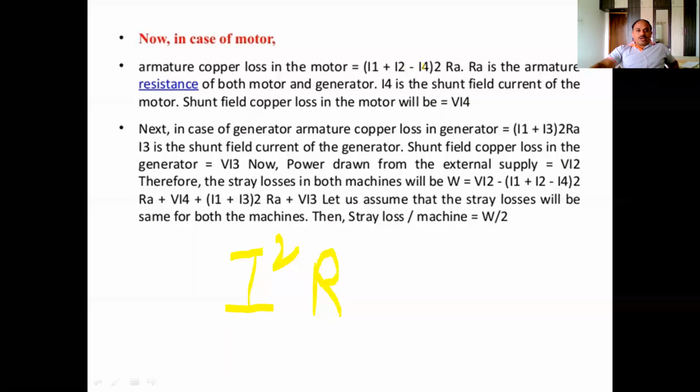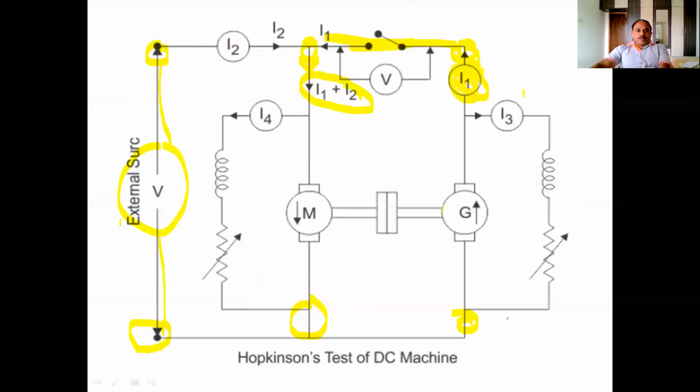The total current taken by the motor is I1 plus I2, and from this, if you want only the armature copper loss, we need the armature current.